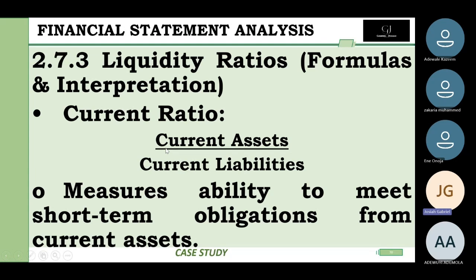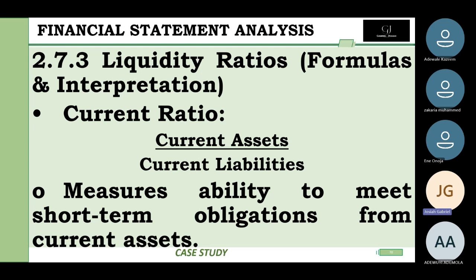Types of ratio analysis. So we're looking at liquidity ratios, and the first one we said is the current ratio, speaking to the ability to meet short-term obligations from current assets. So current assets should always be above the current liabilities at all times, or else there's going to be a problem with meeting short-term obligations.